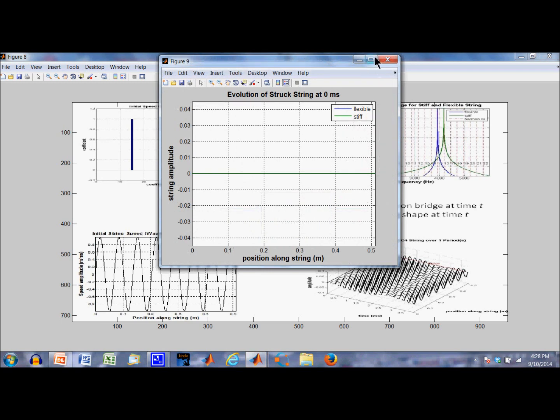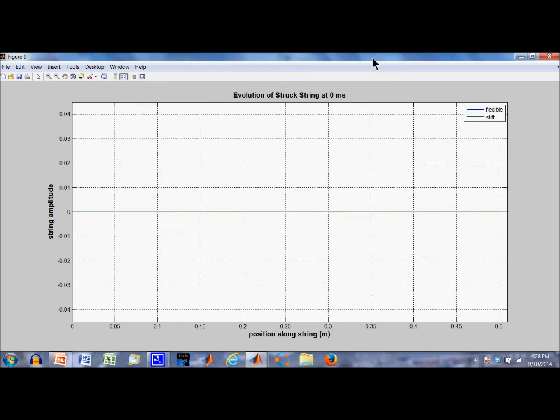All right, let's do the simulation. Initially we have a flat string plotting amplitude versus position. Hammer strikes and the pulse is generated and it starts to move to the right. Watch what happens at the reflection. You see that the stiff string is starting to separate from the flexible string.